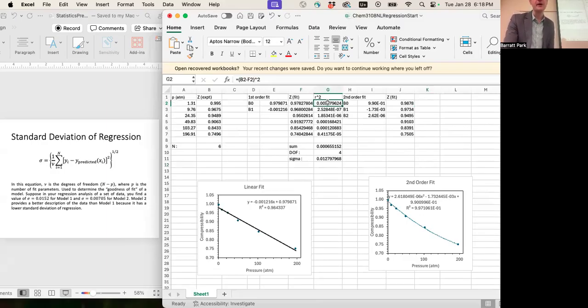Now for the second order fit, we're going to do the same thing. In order to save time, I can do a little trick, which is if I make the reference to the experimental value a static reference.